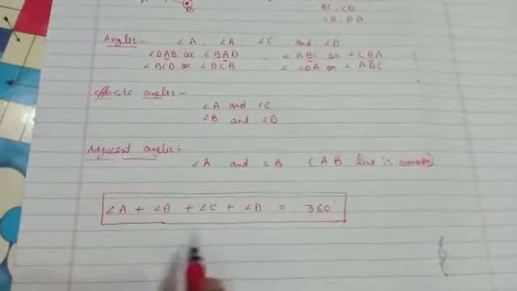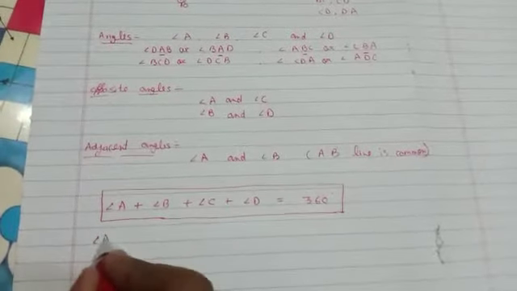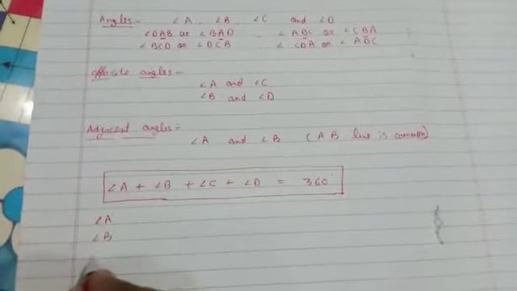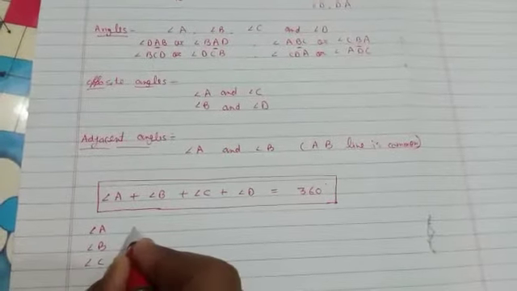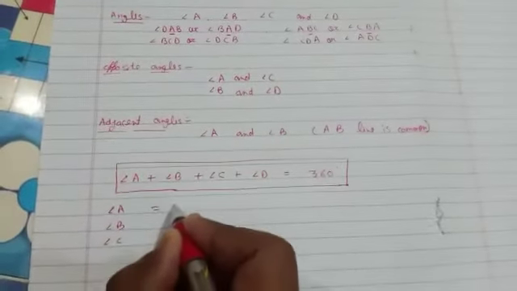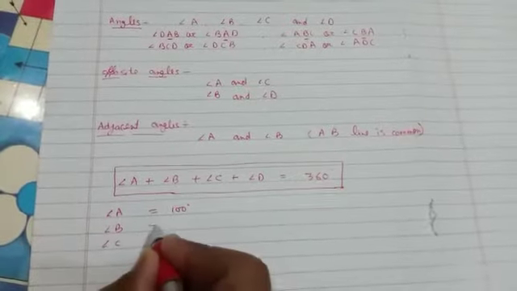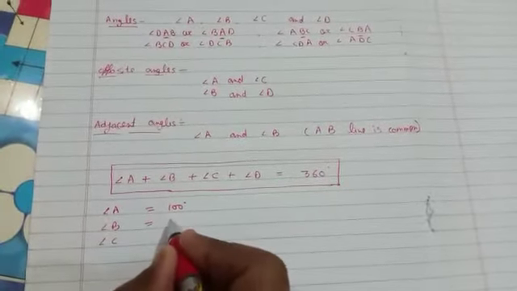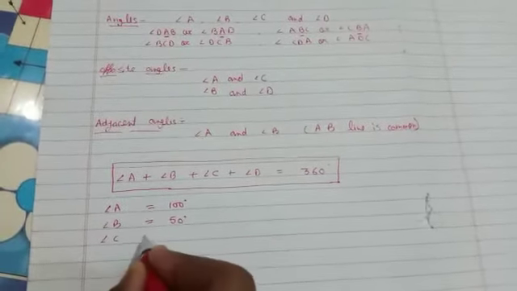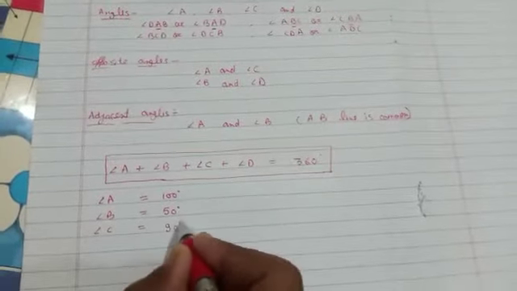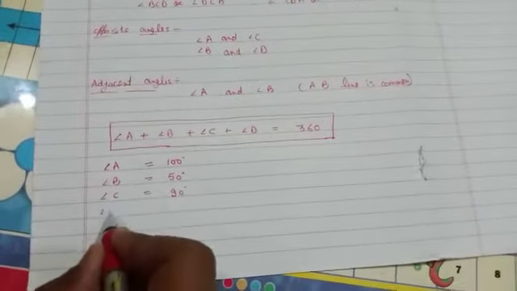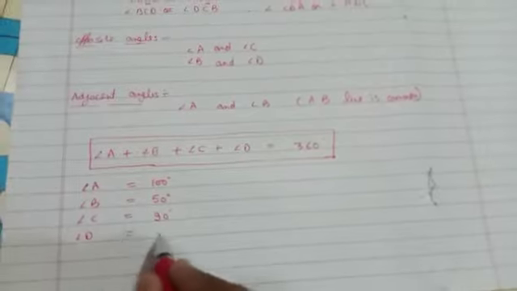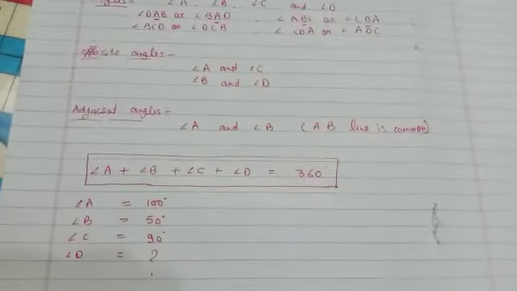If we know three angles, angle A, angle B, angle C, like this, angle A is 100 degrees, angle B 50 degrees, angle C 90 degrees, then we can easily find the value of angle D by using this property.